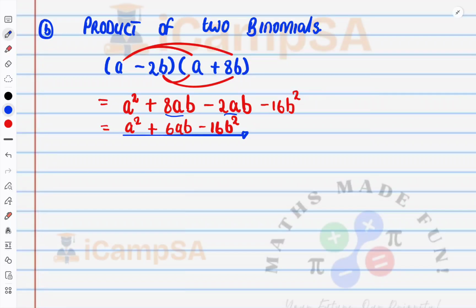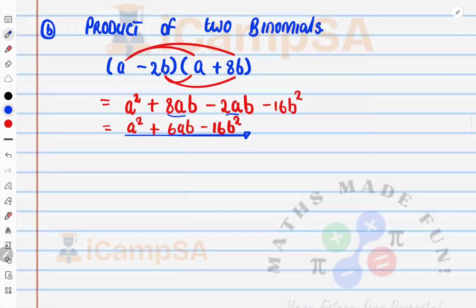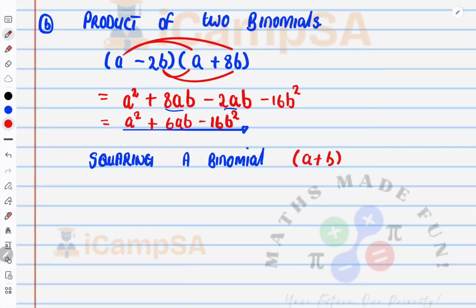And then we have squaring a binomial. When squaring a binomial, another thing maybe just to mention for those who may not be familiar with the term binomial: it is a bracket with two terms, a and b in this case.